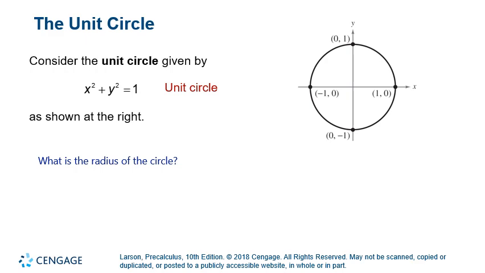So if we consider building the unit circle, I don't just like to give the unit circle and say, here, memorize it without explaining to you why it's important and where it comes from. So if we remember the equation of a circle, this is the unit circle, the most basic of circles.